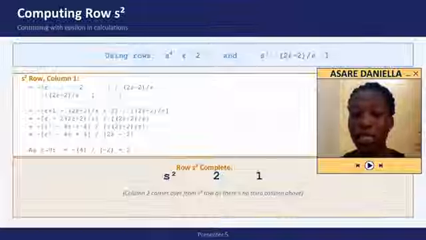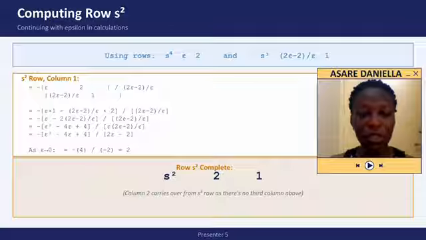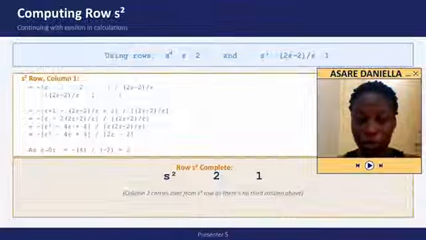As epsilon approaches 0, epsilon squared is even tinier than epsilon. So negative epsilon squared over 2 approaches 0. Therefore, this expression approaches negative 2.